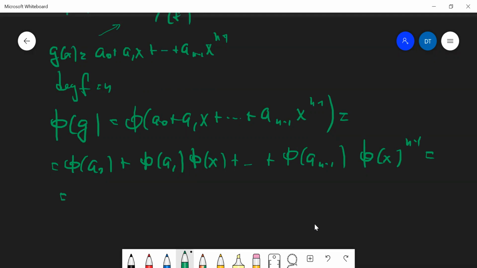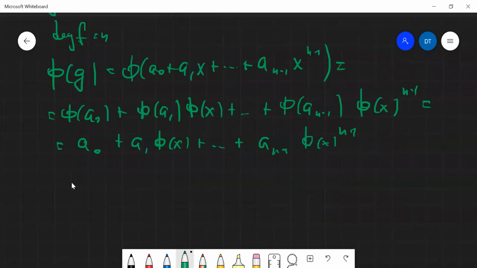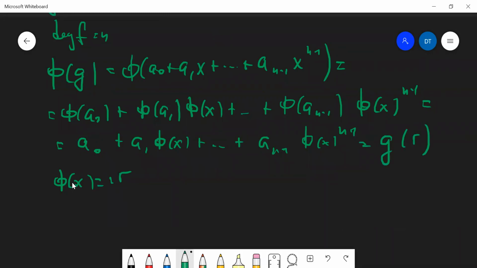So the result will be a0 plus a1 phi of x plus and so on plus an minus 1 phi of x to the n minus 1. Now, let me denote phi of x by r. Then what's written here is g of r.